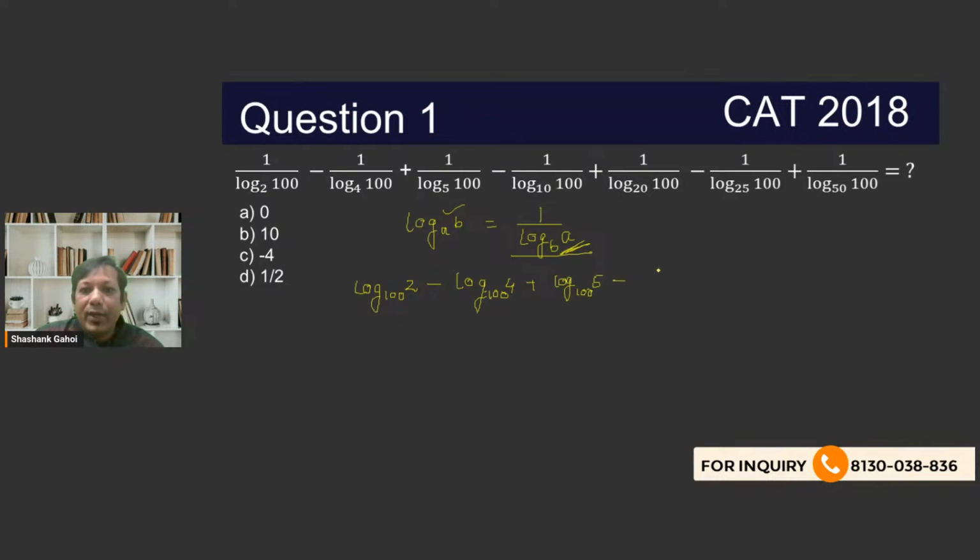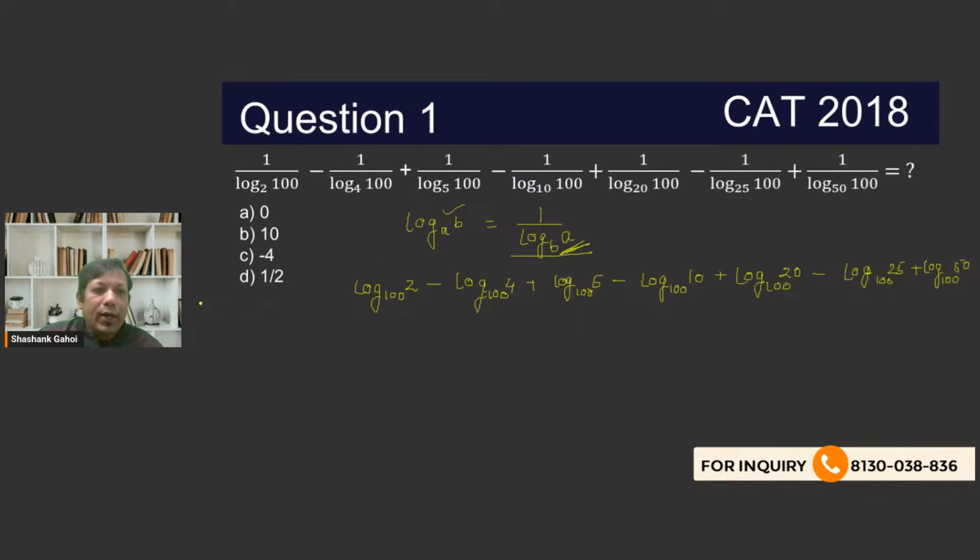Then we have log 10 base 100, then log 20 base 100, then log 25 base 100, and lastly log 50 base 100. Right, so now I got this.